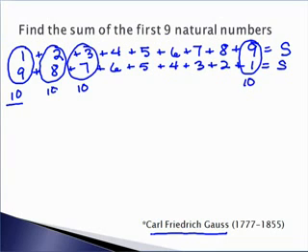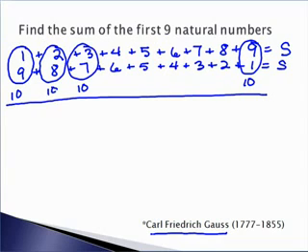So when you add those together, you end up with 1, 2, 3, 4, 5, 6, 7, 8, 9 factors of 10. So when you add those together, does that make sense?